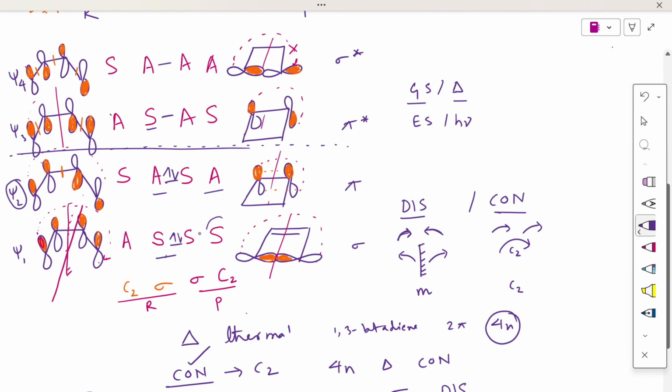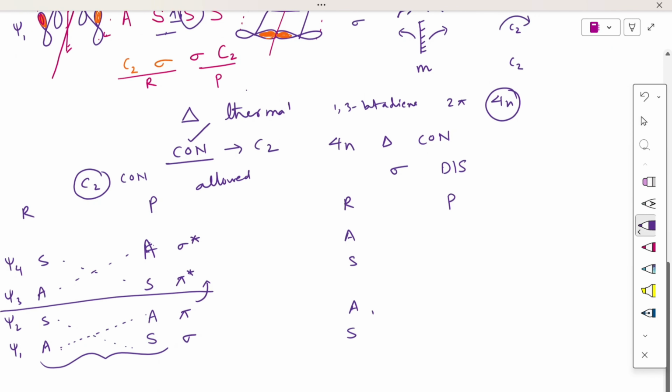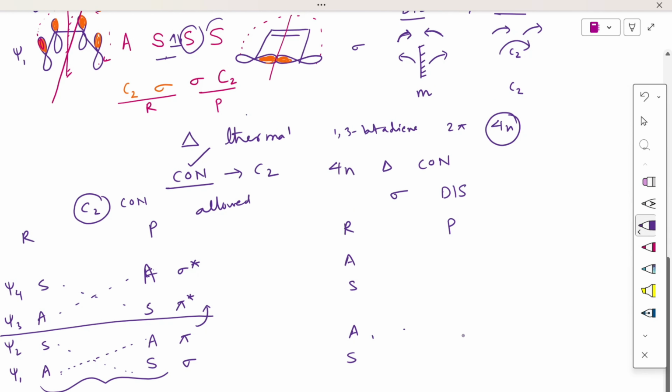You can see for the product, it is SSAA. Now compare with the minimum, the nearest energy. So S matches with S, and you can see that there is a crossover of the HOMO-LUMO energy gap.